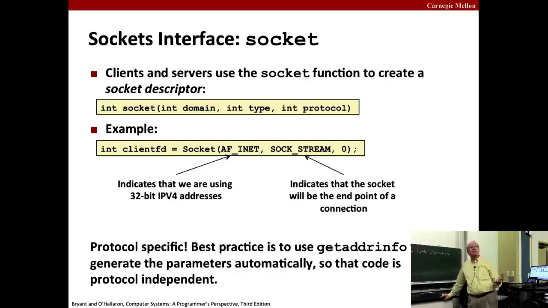It's called a stream connection because you get to send as many bytes as you like, a stream of bytes in either direction. The third is the protocol, which is set to 0, so we don't need to do anything in this particular case.